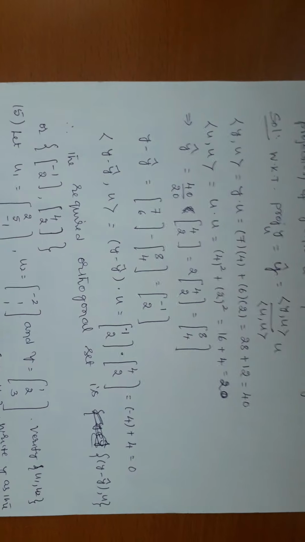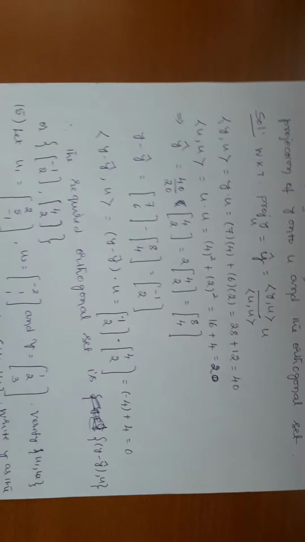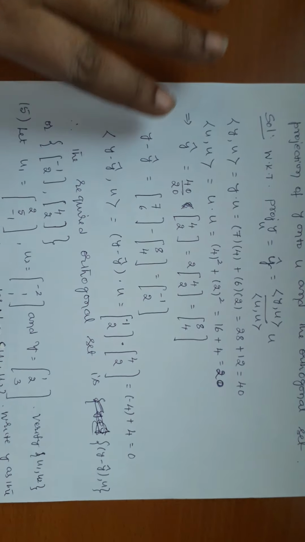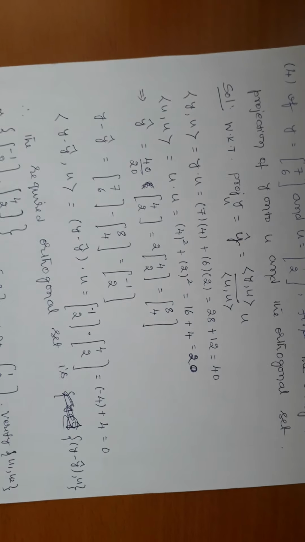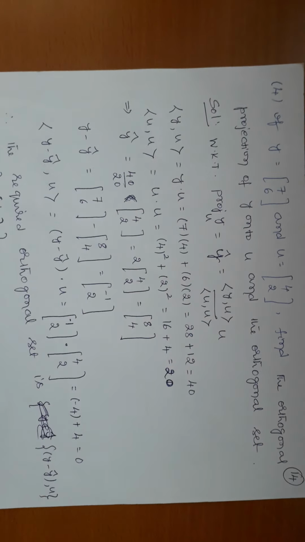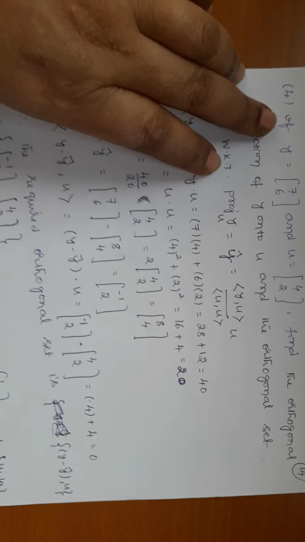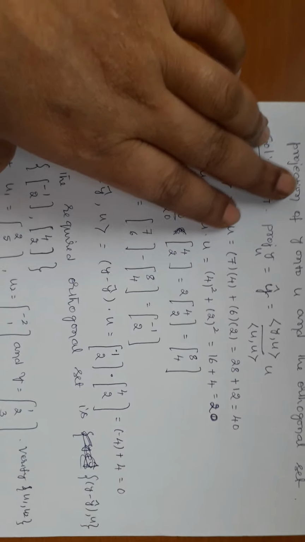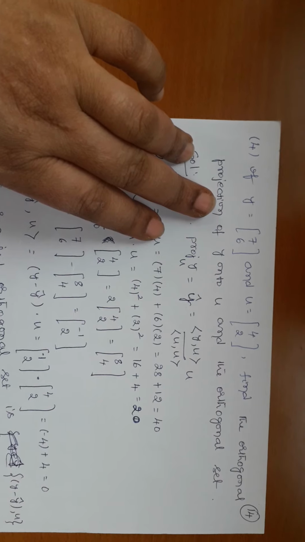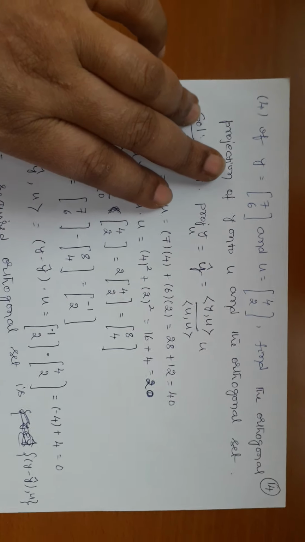Now, once again, if you want to verify an orthonormal basis, it is enough to verify that it is a non-zero orthonormal set. If you want to verify an orthogonal basis, it is enough to verify a non-zero orthogonal set.